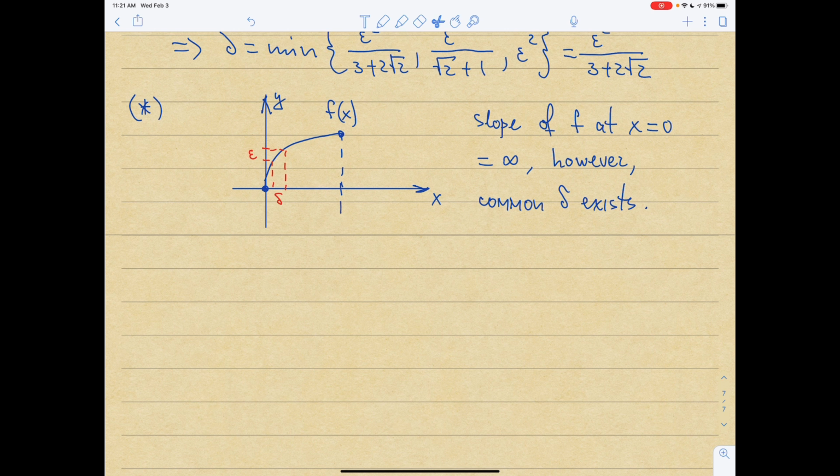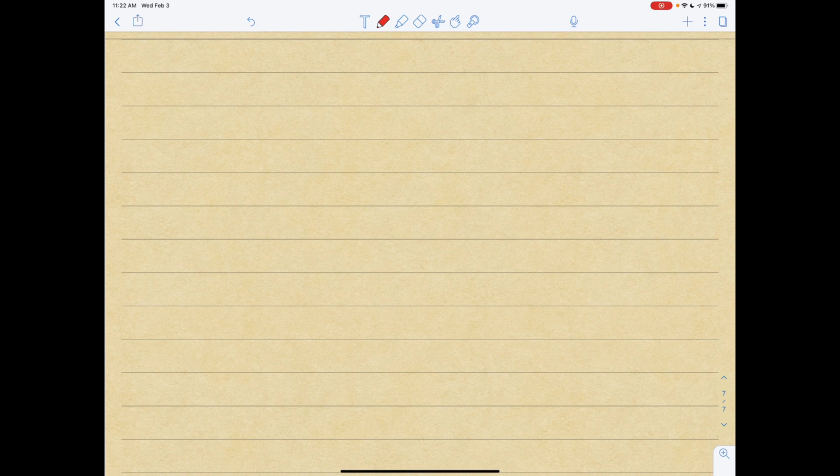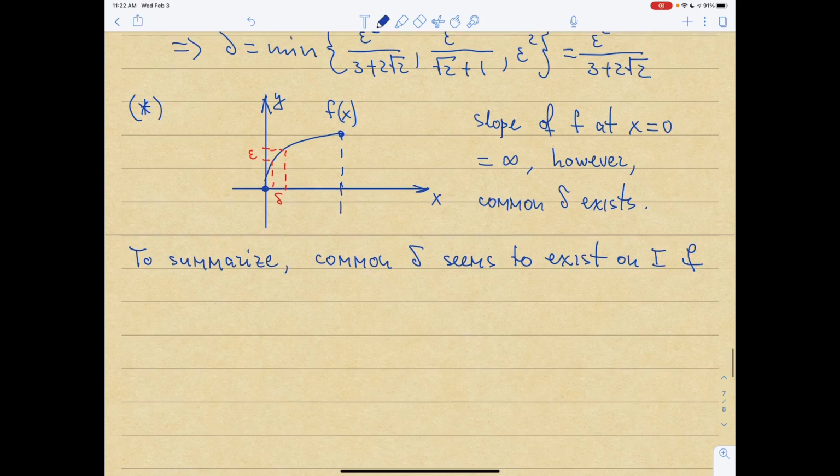All right, so let's now summarize our observations. So to summarize, a common delta seems to exist if... all right, so if we look at this picture, what do we see?